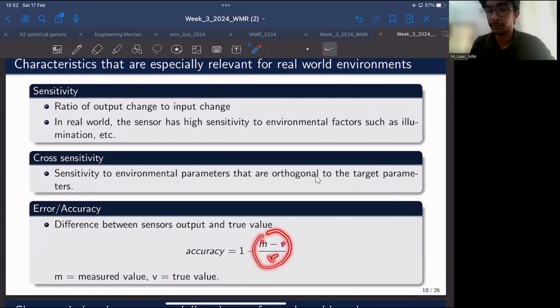This is the fraction of error. If you subtract it from 1, you will get the accuracy. Or instead of doing 1 minus (m minus v) by v, it'll be nothing but m by v. You'll get the same expression if you simply do m by v.